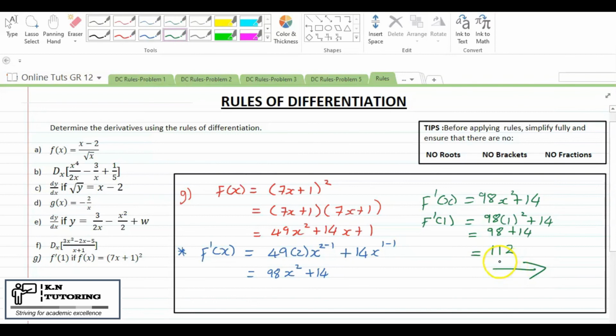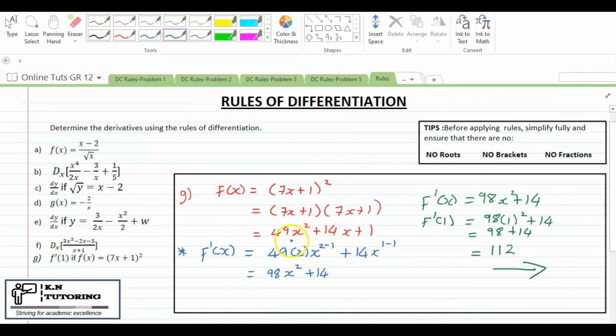Grade 12s, I hope you learned a lot from this lesson. This completes our section on rules of differentiation. Make sure that you practice; the more you practice, the more you'll be able to see the tricks and solve these problems quickly without writing all this out.